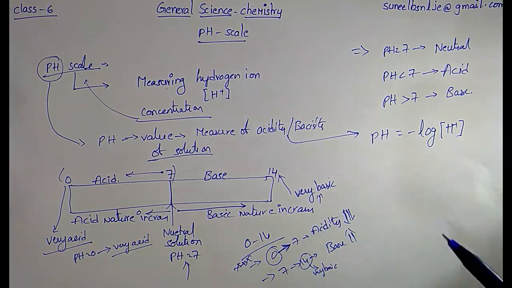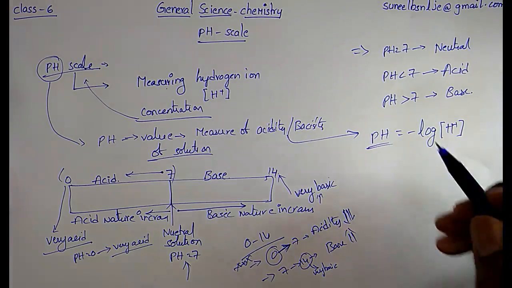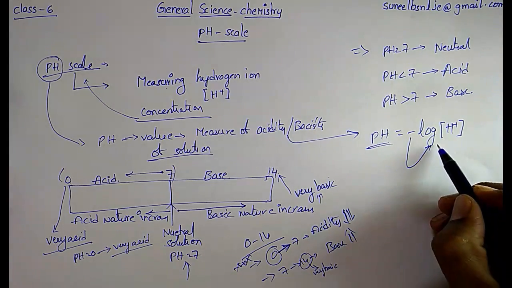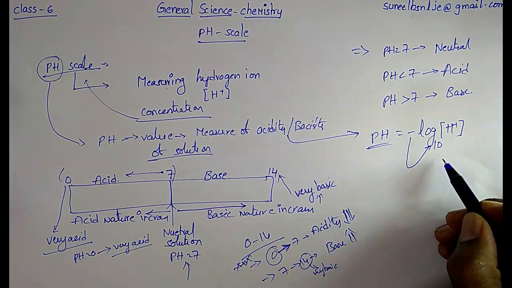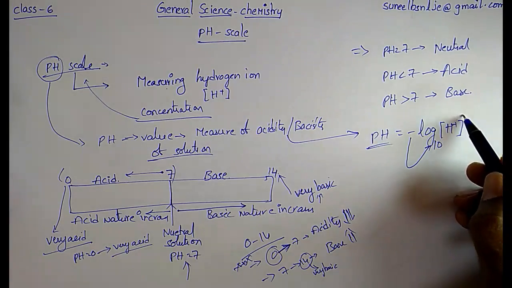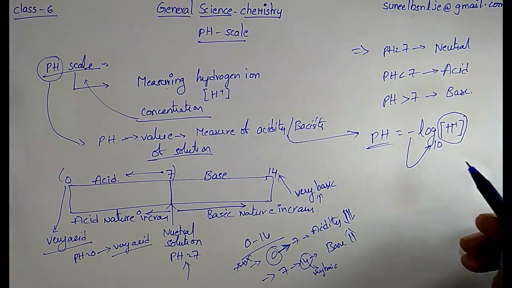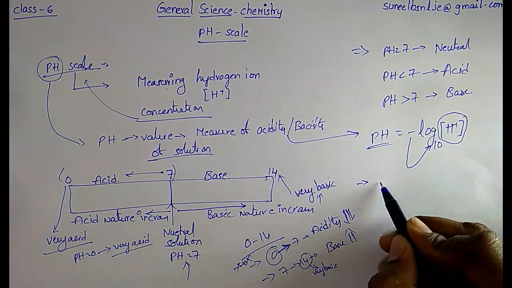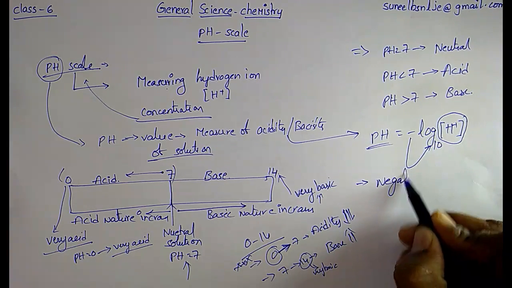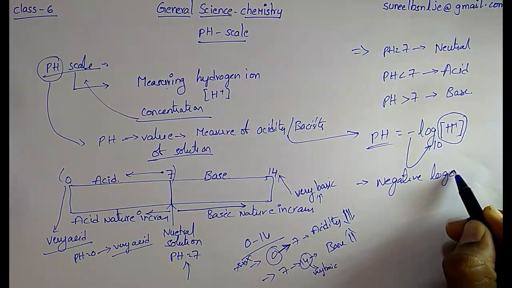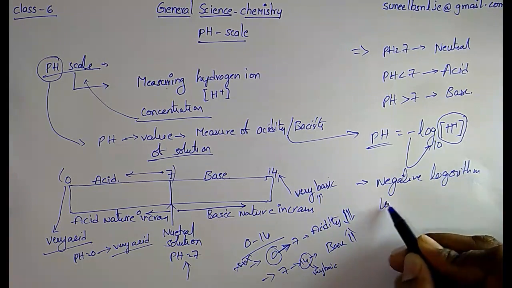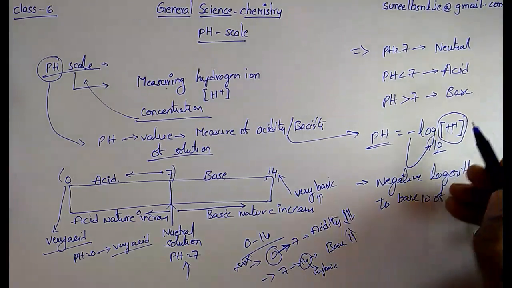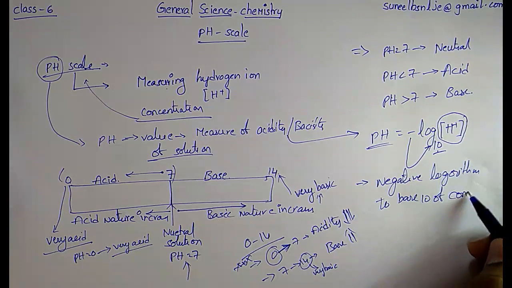That means we can define pH as the negative logarithm to base 10 of the concentration of hydrogen ions.